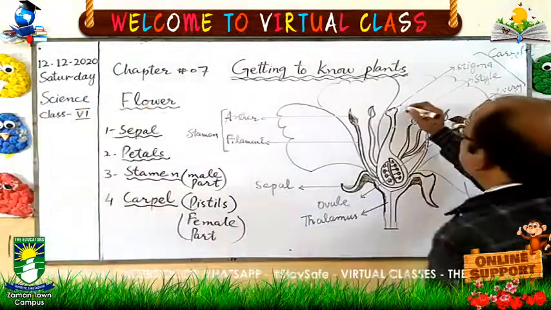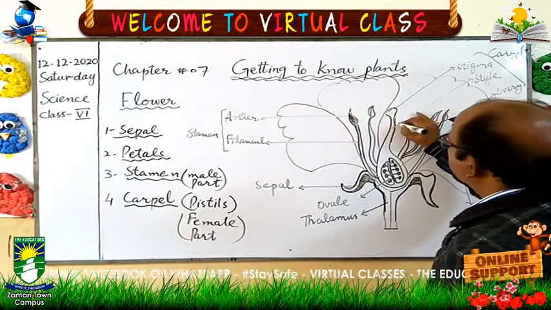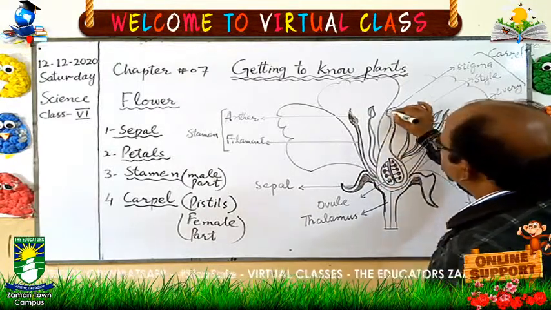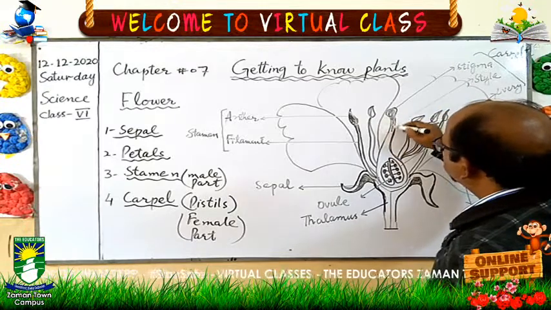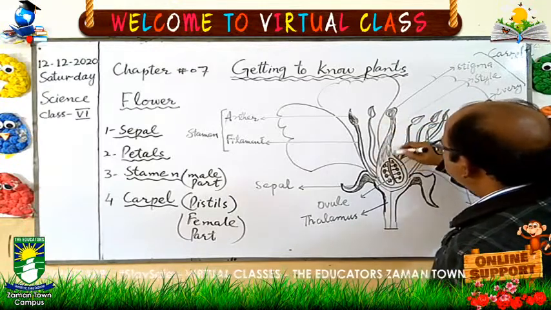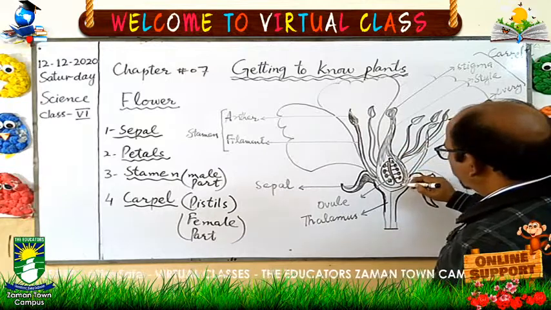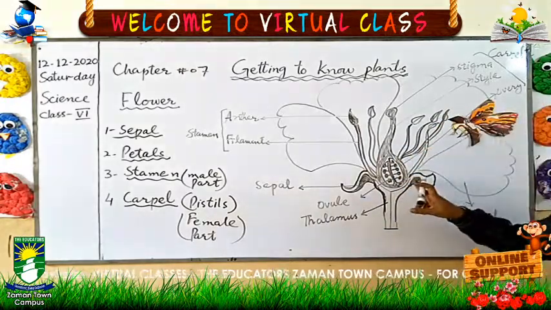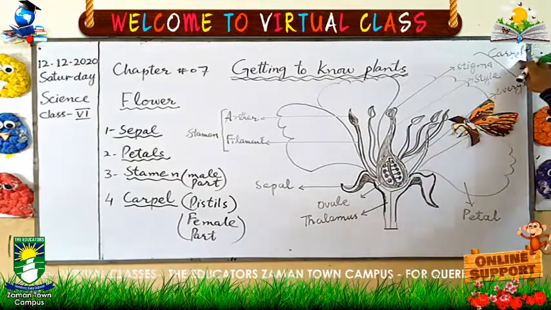This is the female part of the flower, which I am going to shade. This is called the carpel.